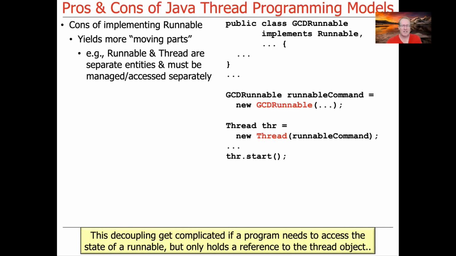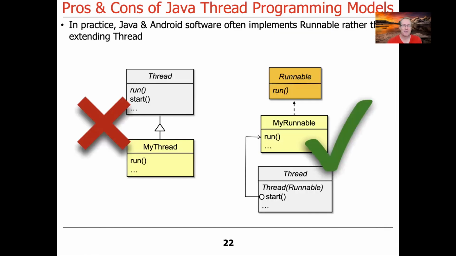And normally this isn't really a big deal, but in some cases, this decoupling between Runnable and Thread can be complicated if the program needs to access the state of a Runnable but only holds a reference to the Thread object, or vice versa. Whichever way you go, you have to keep track of multiple things, and that can get a bit more complicated.